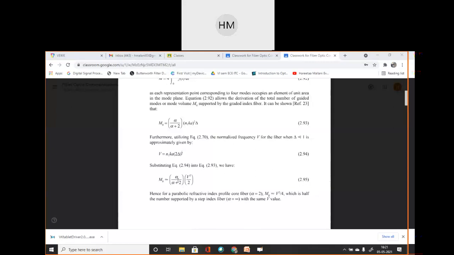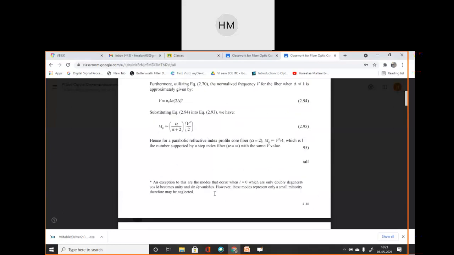So what will be the value when alpha is infinity? It's simply V square by 2.